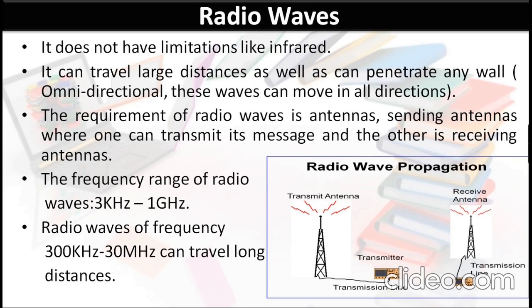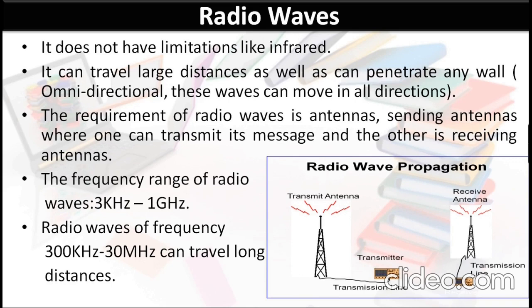And there is a frequency range from 3 kilohertz up to 1 gigahertz. Within this there is a classification in the radio frequency, and radio waves of frequency 300 kilohertz to 30 megahertz can travel a long distance.